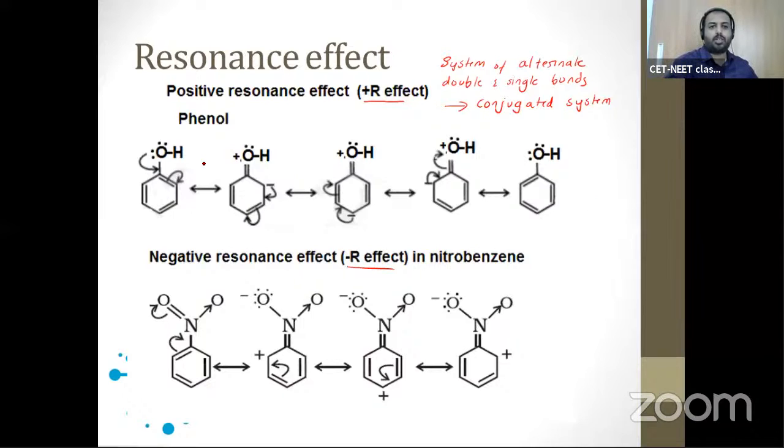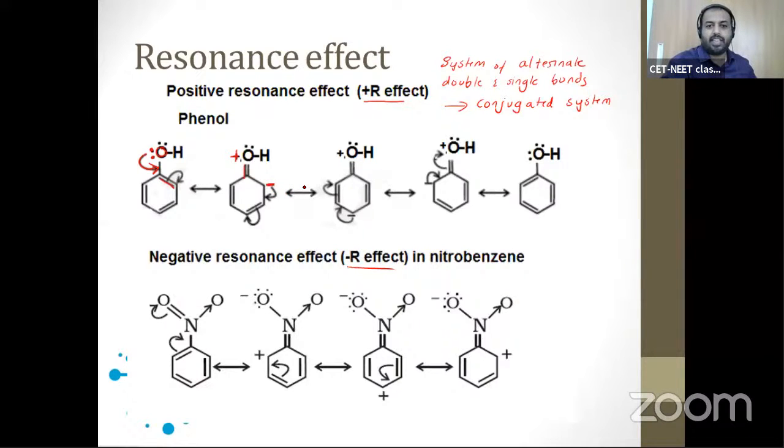For example, the OH group is a plus R group because the lone pair on oxygen is in conjugation with the double bond. Conjugation means present at alternate positions. The lone pair alternates with the double bond, because of which a new pi bond is formed here and oxygen gets a positive charge, and these pi electrons move towards this carbon atom.